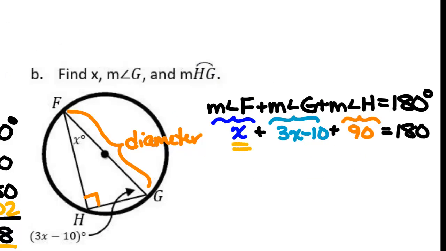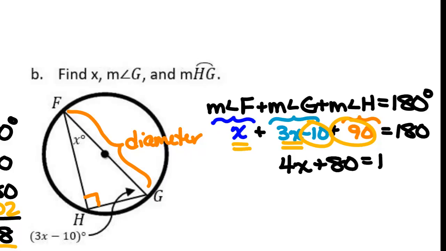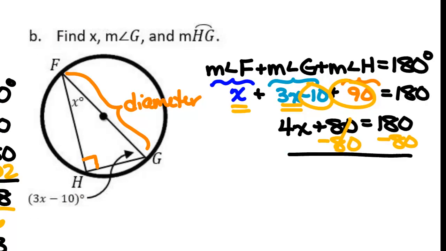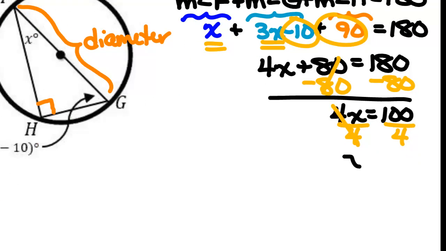So we combine our x's. I get 4x plus 80. When I combine all my like terms together, and then I subtract 80 from both sides, I get 4x equals 100. Divide both sides by 4, and x is how big? x is 25, yes.